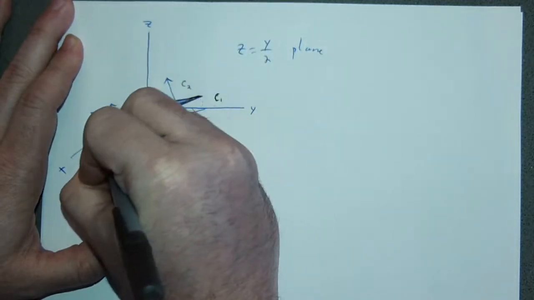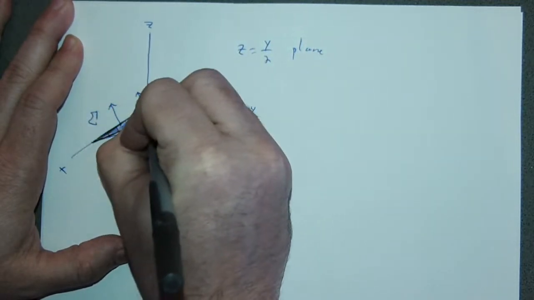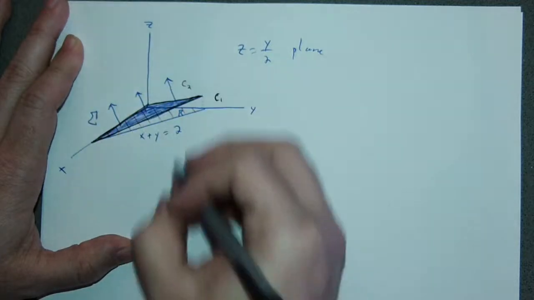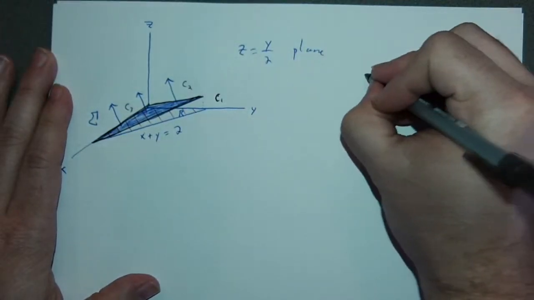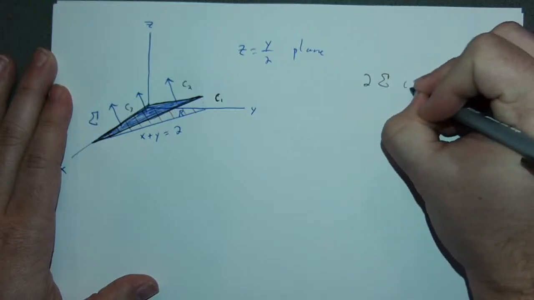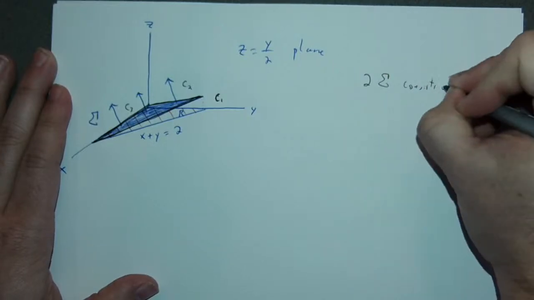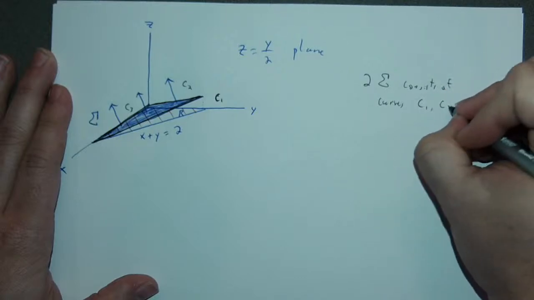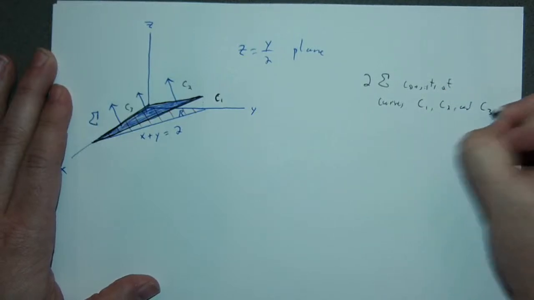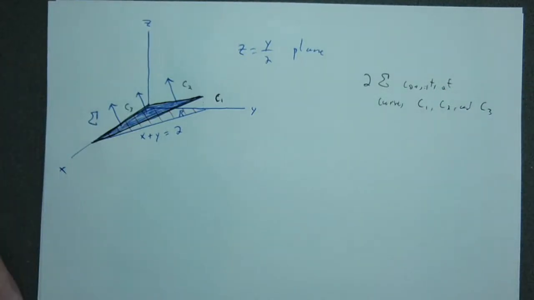And lastly, there's this last piece, which is C3. And so the boundary of sigma consists of curves C1, C2, and C3. It's like the concatenation of those curves. Concatenation just means you follow one curve and then the next curve starts where that one ends, and so on.